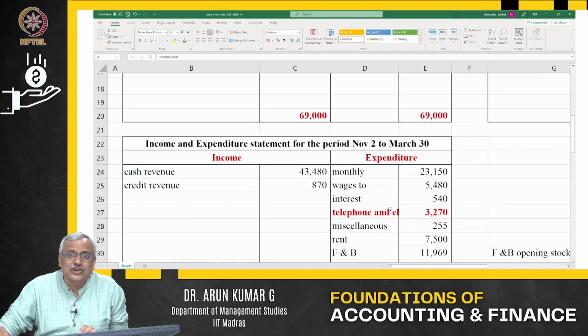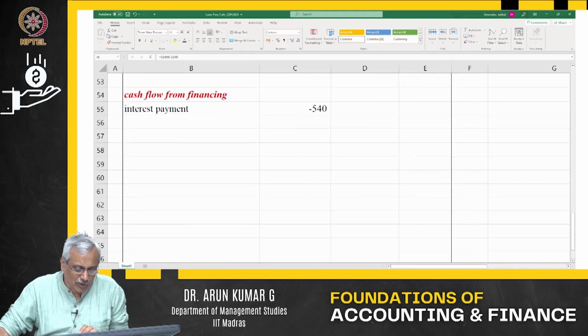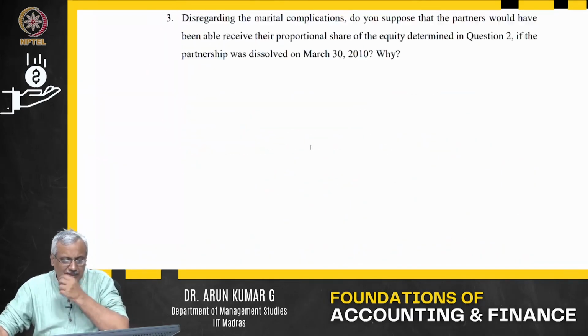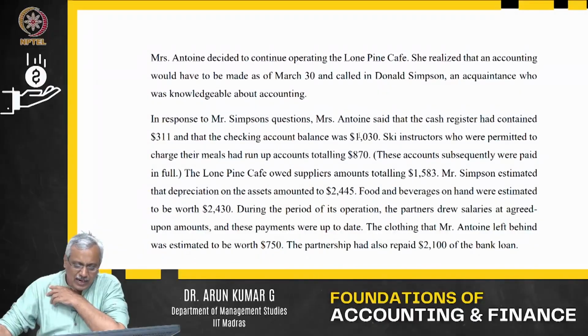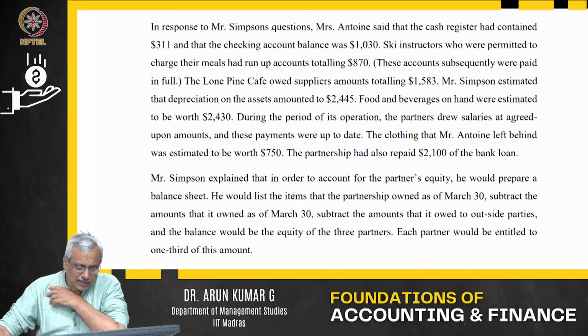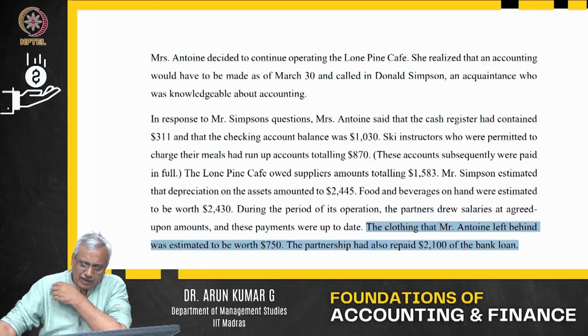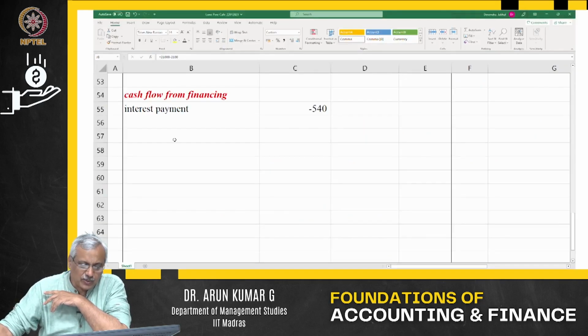The statement also says, if you look at the last line of Lone Pine Cafe, it talks about the partnership having repaid $2,100 of the bank loan. When you repay, what happens? Cash gets out of the company.